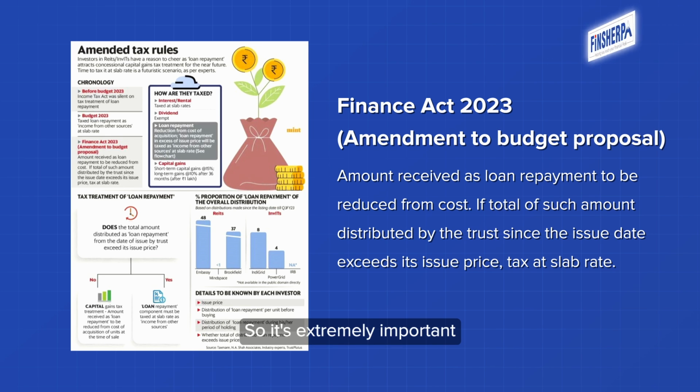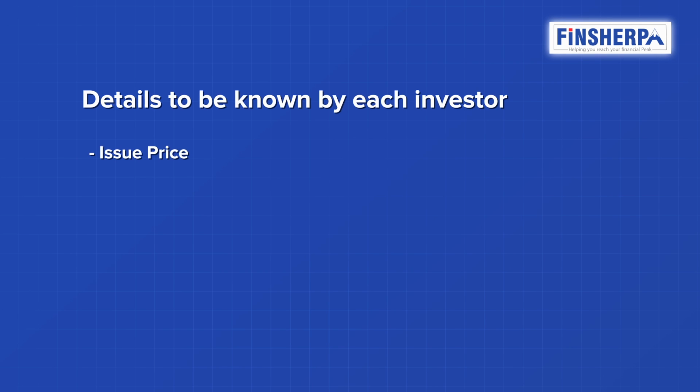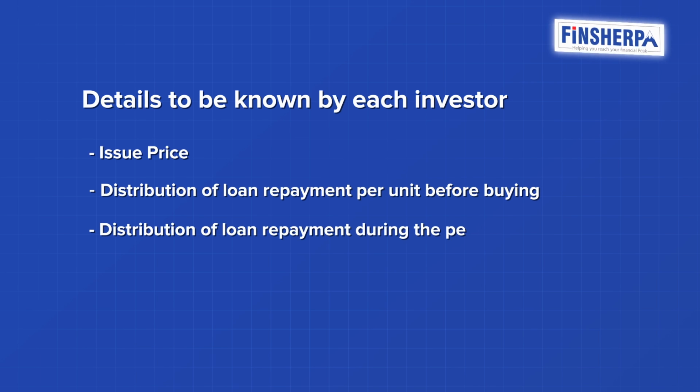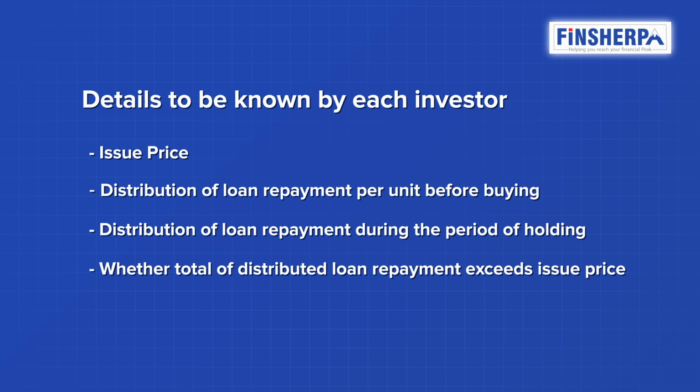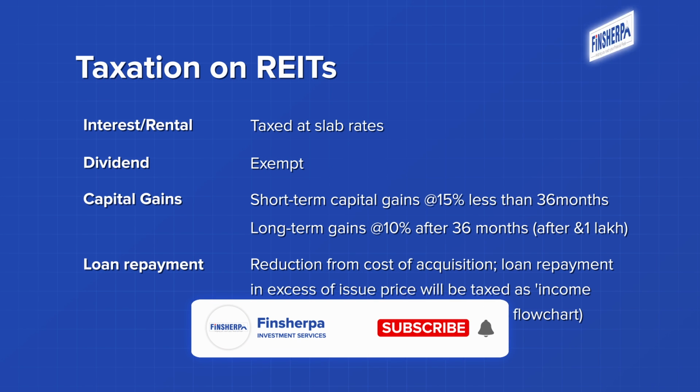So it's extremely important for the investor to know what is the issue price, what is the distribution of loan repayment per unit before buying the units, and distribution of the loan repayment during his period of holding, and whether the total loan repayment exceeds the issue price. In some sense, this increases the complication relating to taxation and how it is accounted for. Having said that, it is a regulation and therefore it needs to get followed.